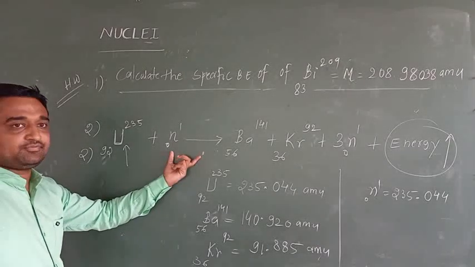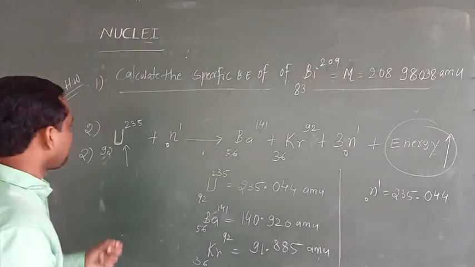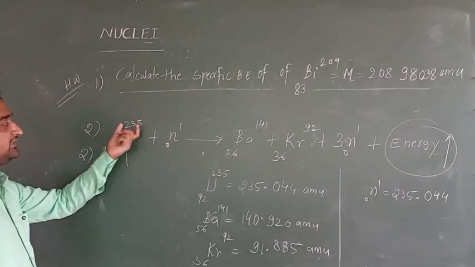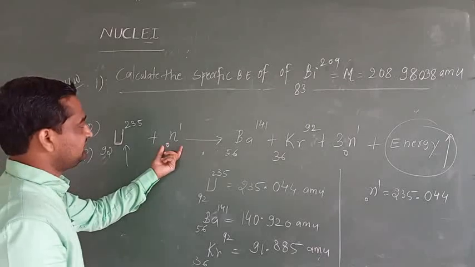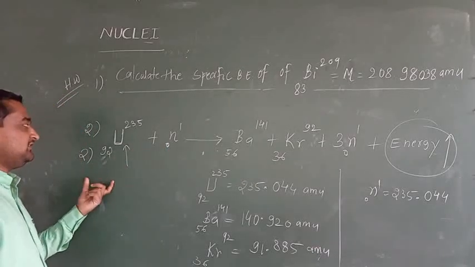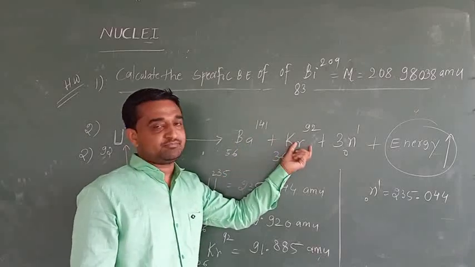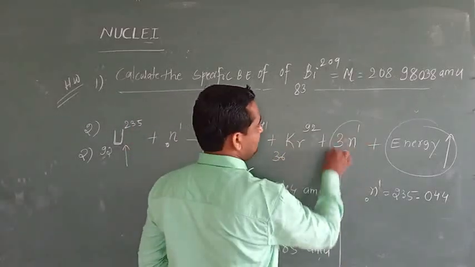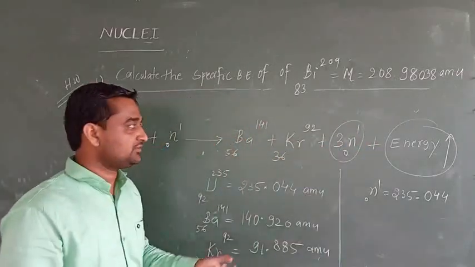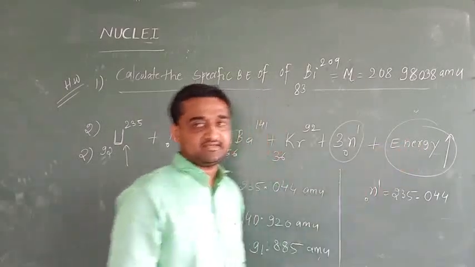When uranium-92-235 is bombarded with one neutron, this heavy nucleus splits into barium and krypton, with 3 neutrons released, and also some energy is released.